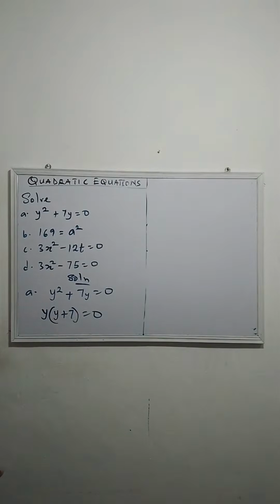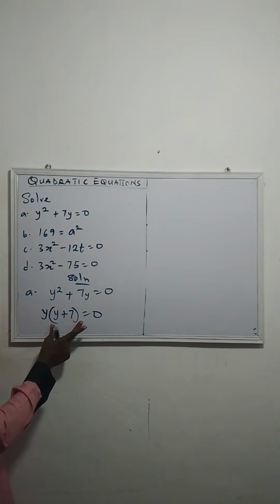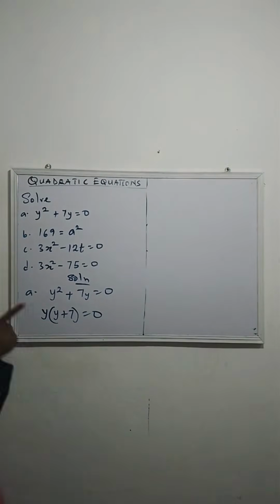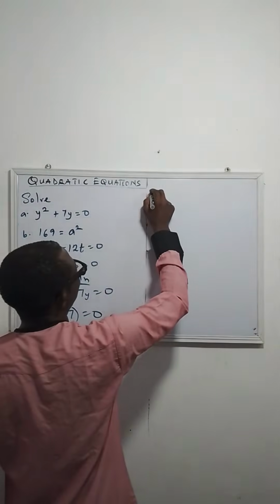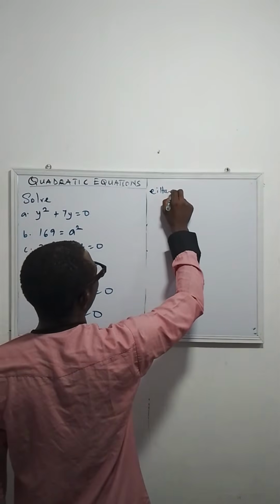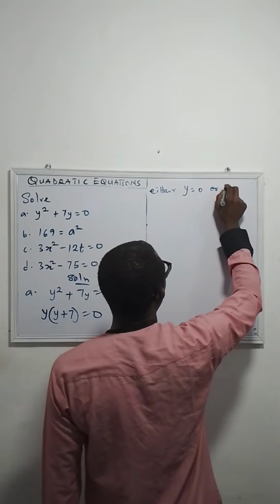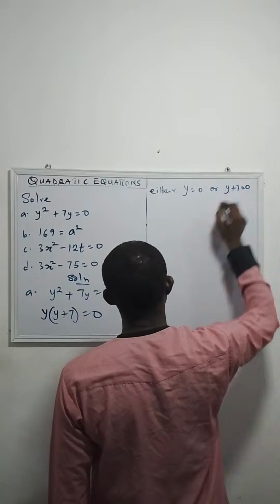Okay, so when you look at this carefully, this y is actually multiplying y plus 7. So we have two entities multiplying each other, and the result is 0. Now, based on the argument I have on the board earlier, it means that either y is 0 or y plus 7 is 0.